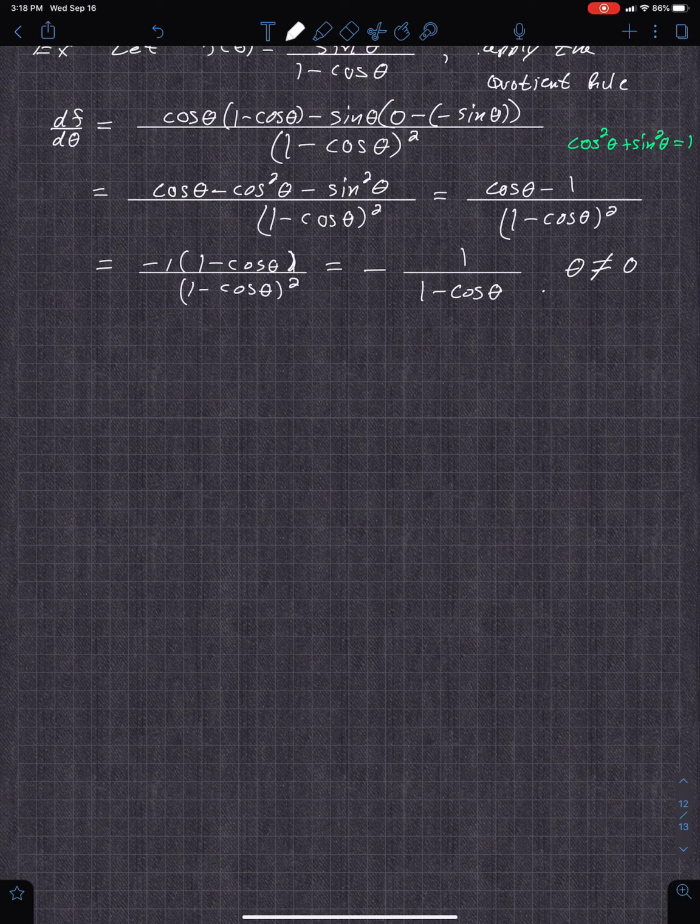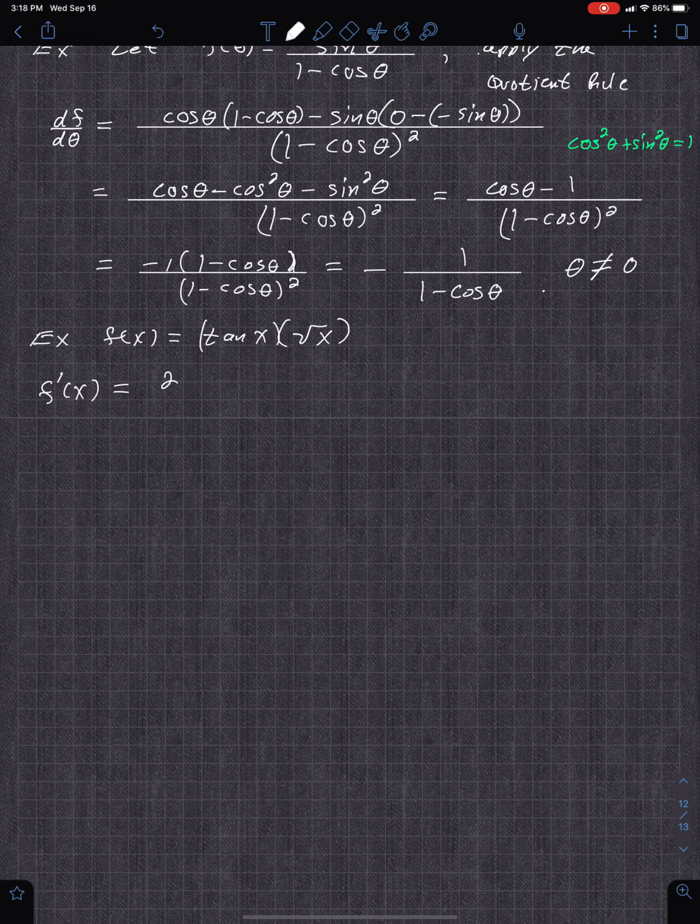Try this one. Suppose you have f of x equal to, we'll just put in, tangent x root x. Okay, so try that one. This is just the first derivative. I'm not going to work it out, but it requires product rule.